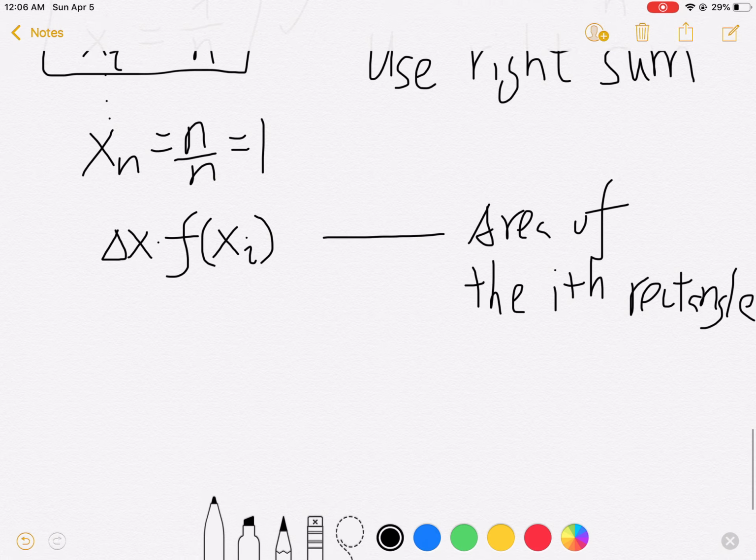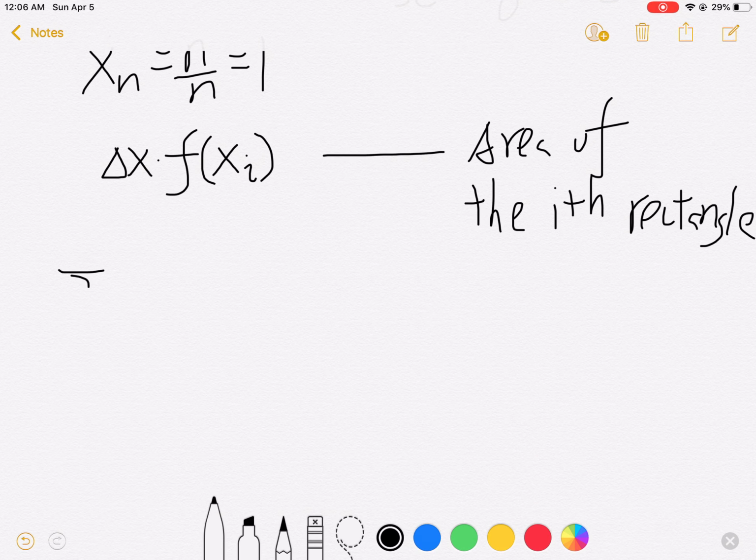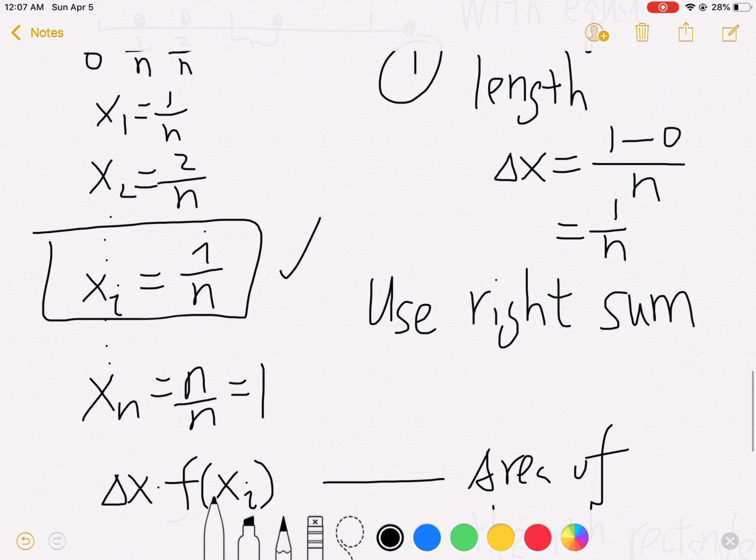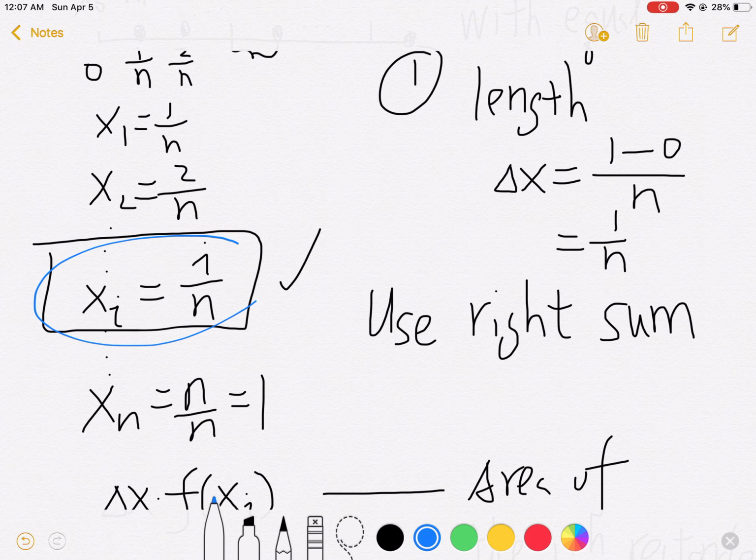Okay, then we sum up i from 1 to n. We have n rectangles, right? We add them up. So this is equal to the sum, i from 1 to n, of f of x sub i times delta x, where the base delta x is 1 over n, and x sub i we just found is i over n.